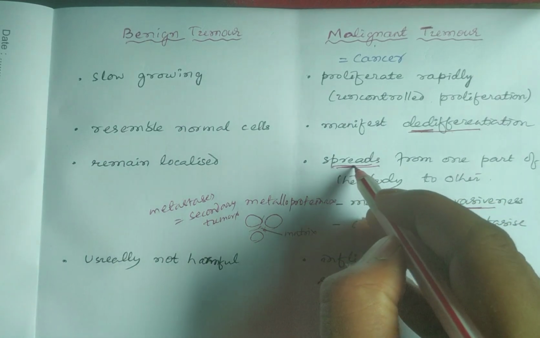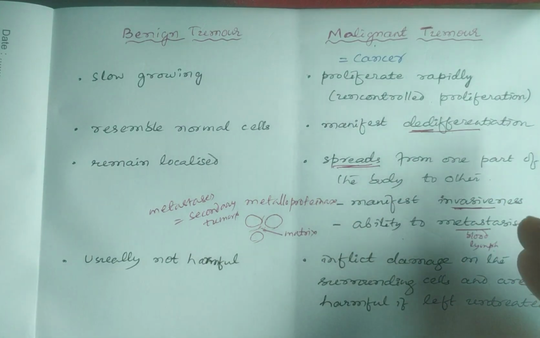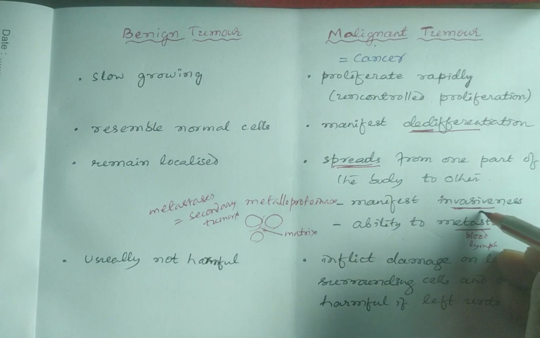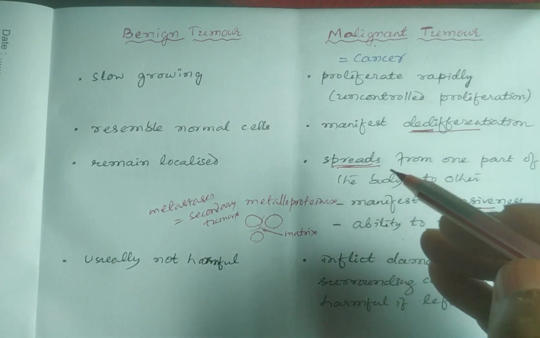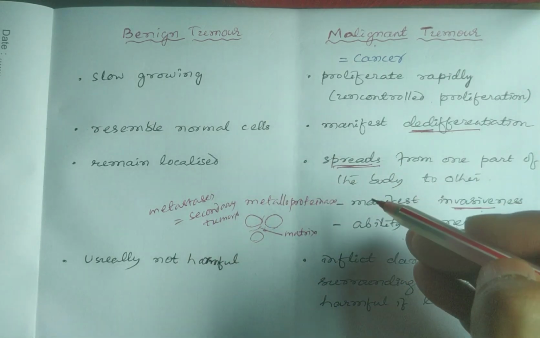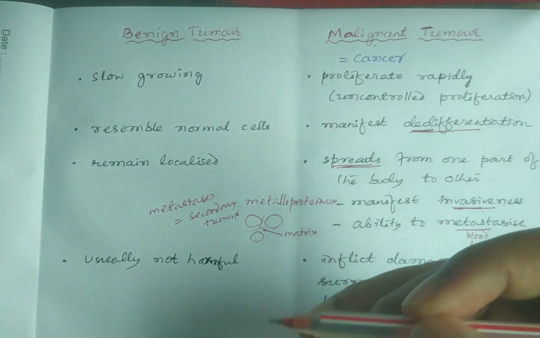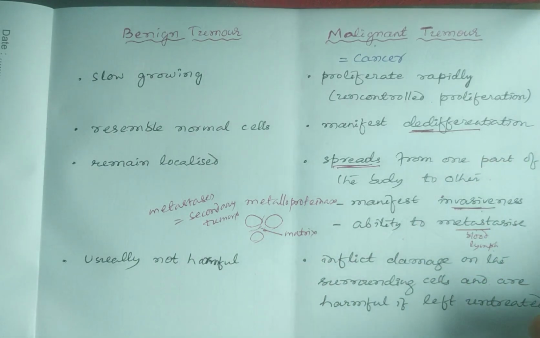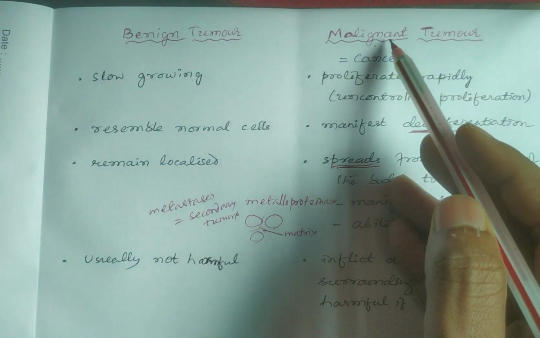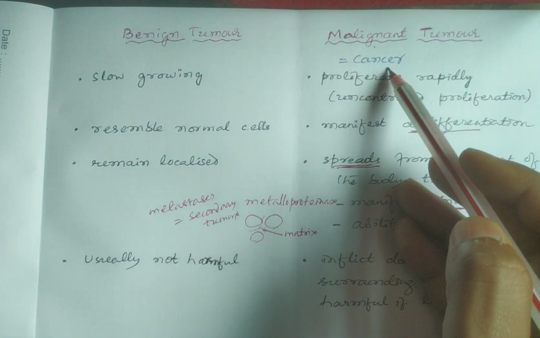That means it spreads. So because of the invasiveness and metastasis, the cancer cells spread to nearby areas or maybe distant areas, and it becomes malignant. So then we call it cancer.